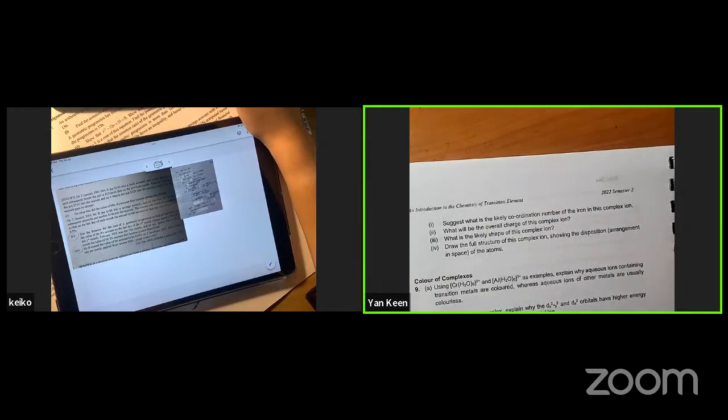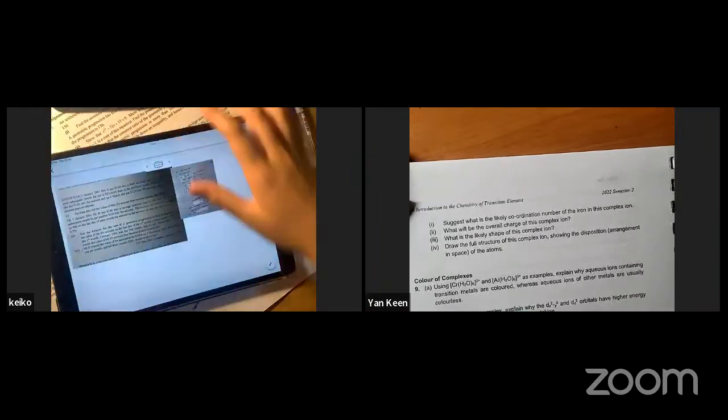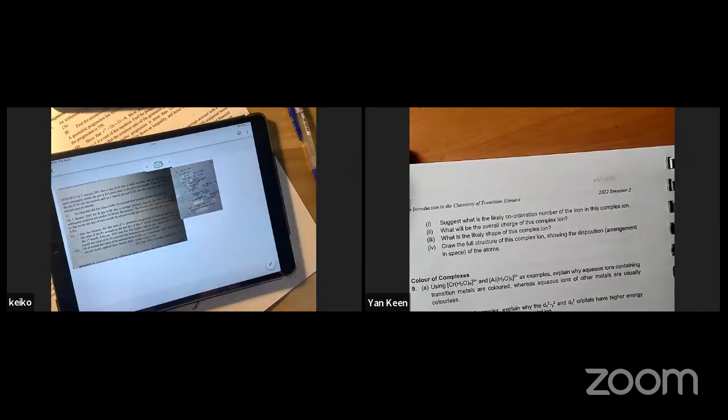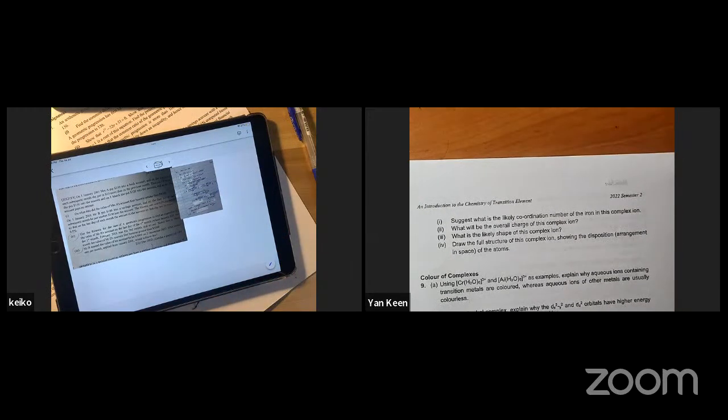Likely coordination number, I'm gonna go and say it's 2. The problem is, in A level, they never show you a complex which has more than 1 center, right?